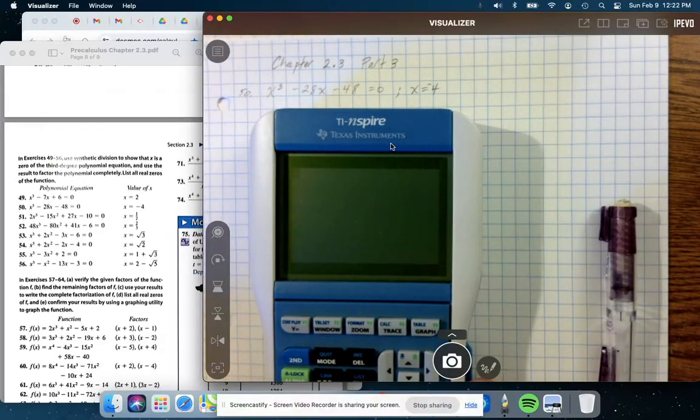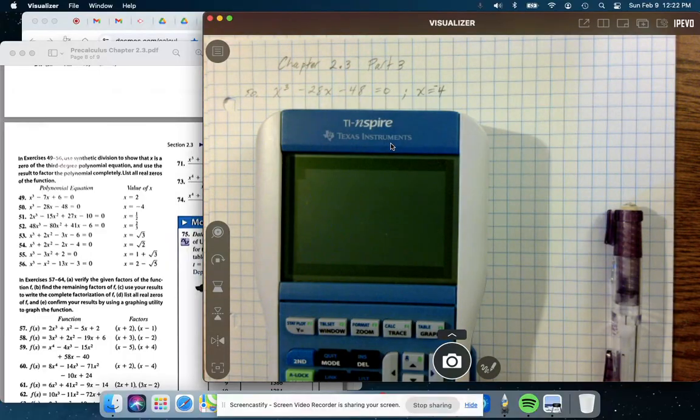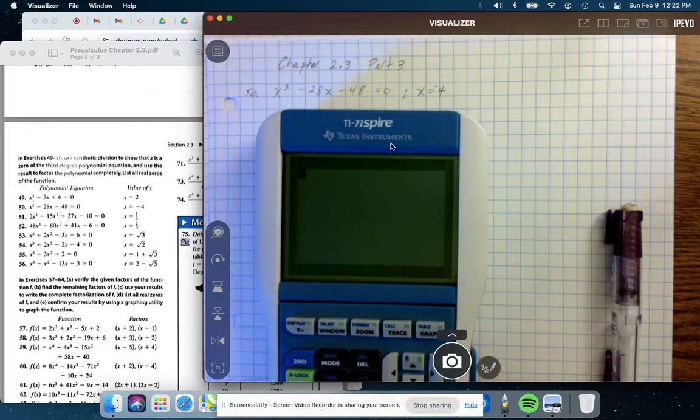So this is going to be, parentheses, negative 4 raised to the third power minus 28 times negative 4 minus 48. And it should give me 0, and it does.